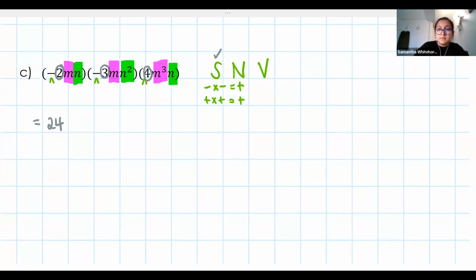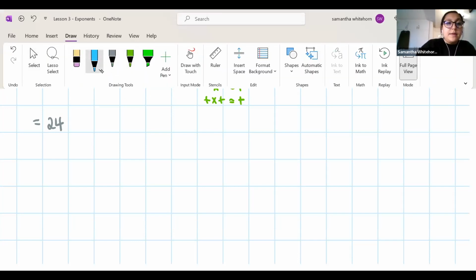Yes, remember to apply your exponent laws. Remember that when you're multiplying, you're adding exponents. And remember, guys, as I've already discussed with you in the very first example, if there is no exponent written down for a variable, there is actually an exponent of 1.